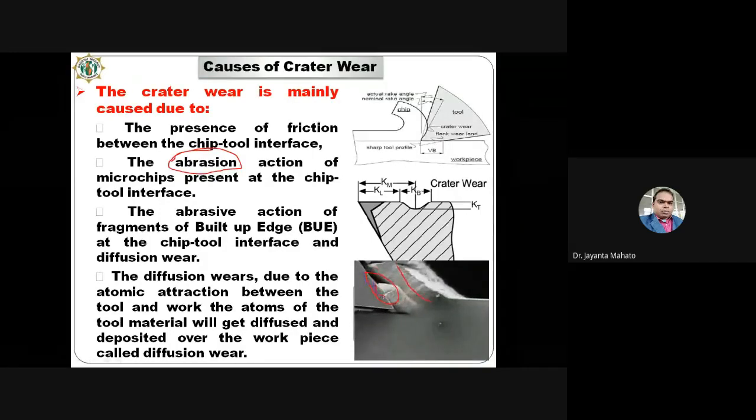I will tell what the built-up edge is in one class. When this built-up edge is removed from this tool, this type of cavity will form, and this is called the crater wear.